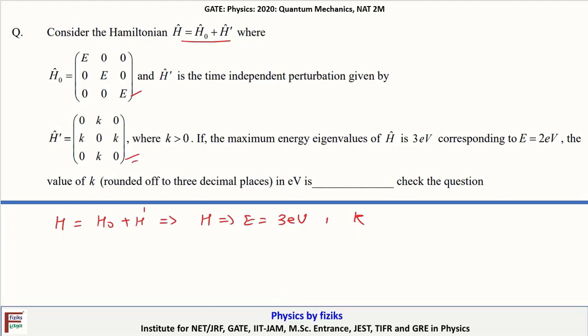Further, the eigenvalue corresponding to H0 is also given. E0 is equal to 2 eV. So we have to determine the eigenvalue corresponding to H dash.